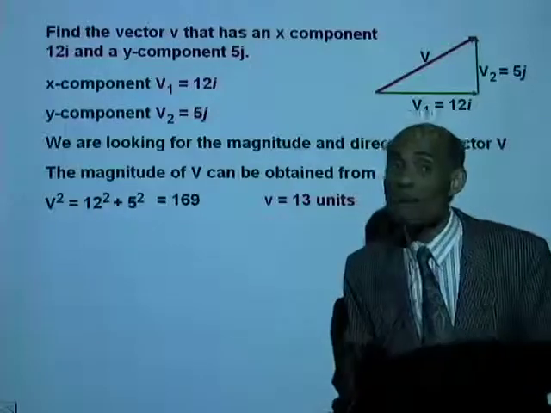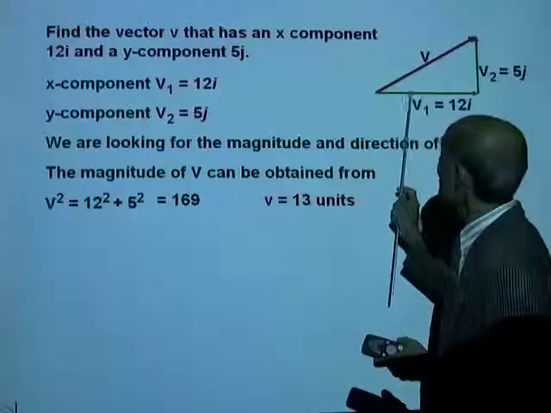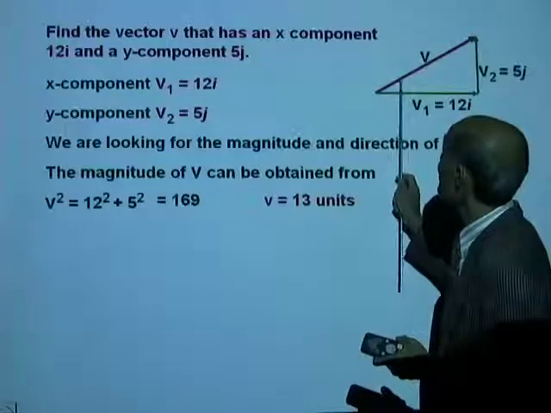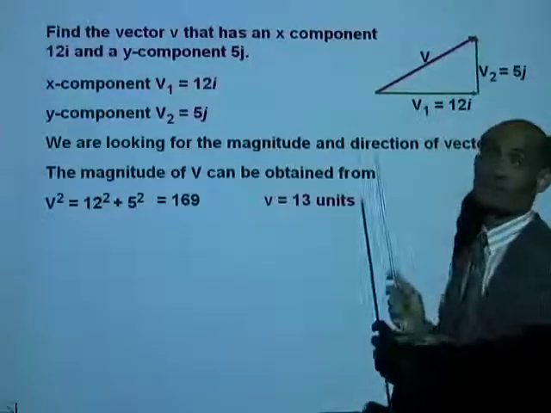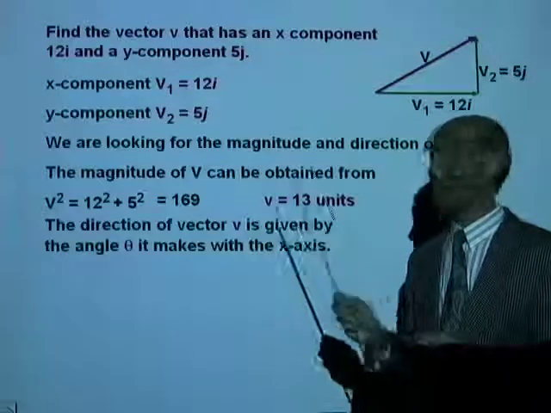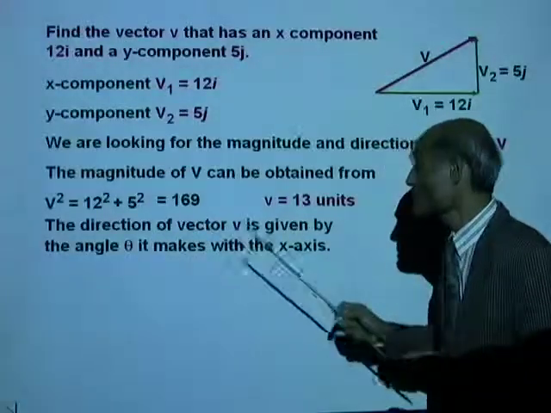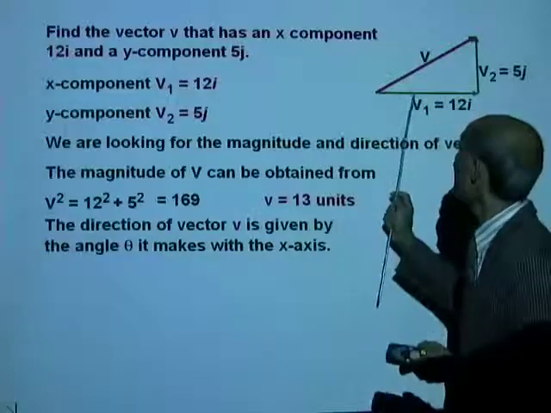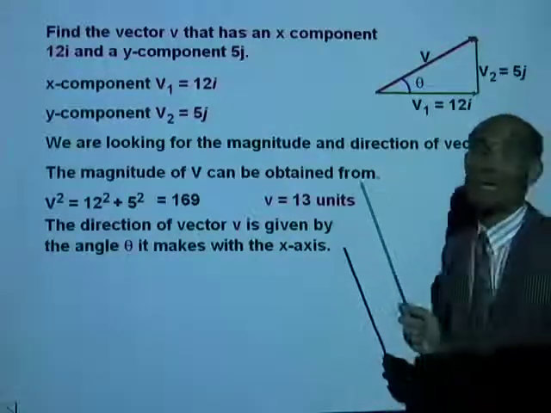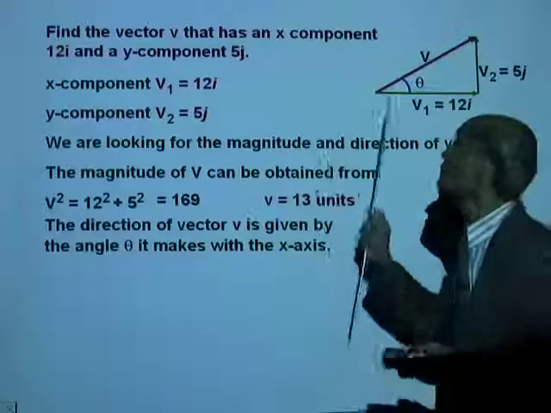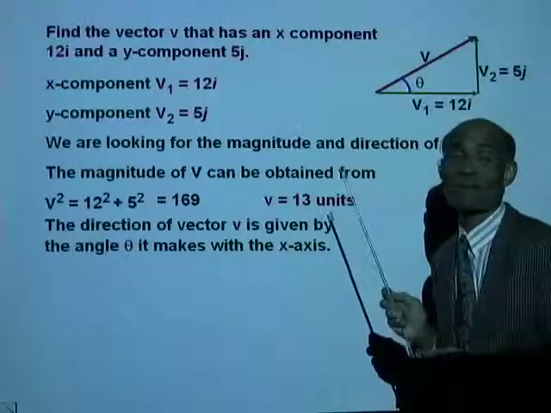We now need to find the angle. Anybody suggest to me how to find the angle this vector makes with the x-axis? The direction of vector v is given by the angle theta it makes with the x-axis. And how do we find that angle theta?